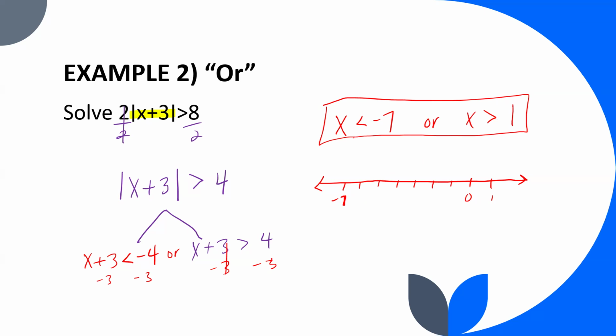Open, because they're strictly greater than and less than, right? So they're going to be open circles at negative 7 and 1. And it's an or, so they are split. They are heading in opposite directions. How do you feel?